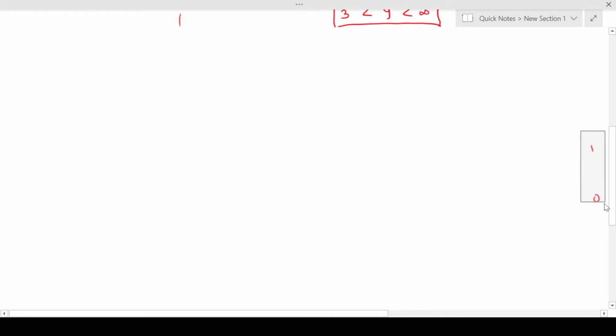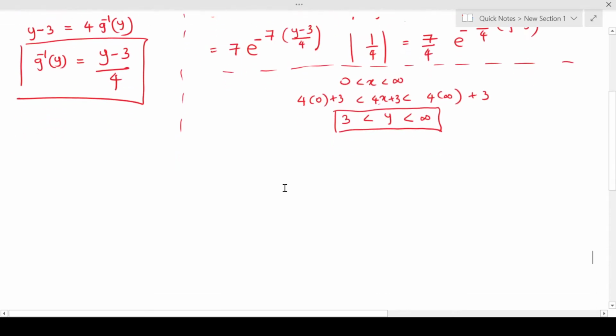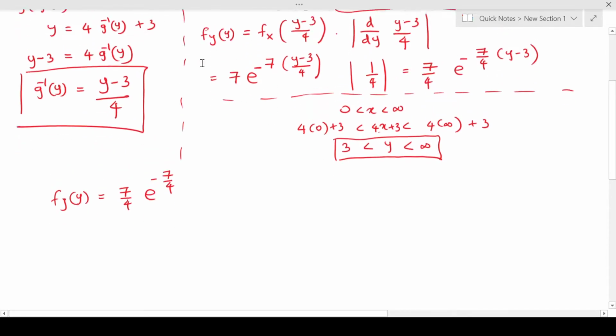Now we have to integrate and check whether it integrates to 1. So f_Y(y) is equal to 7 over 4 e to the power negative 7 over 4 times (y minus 3).